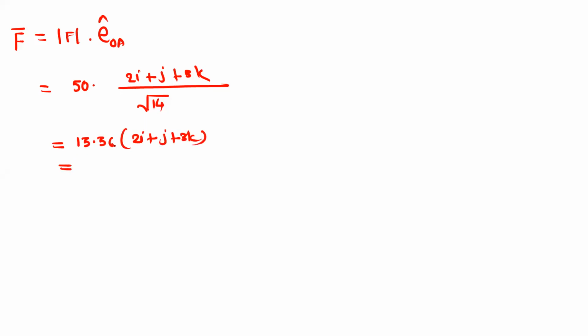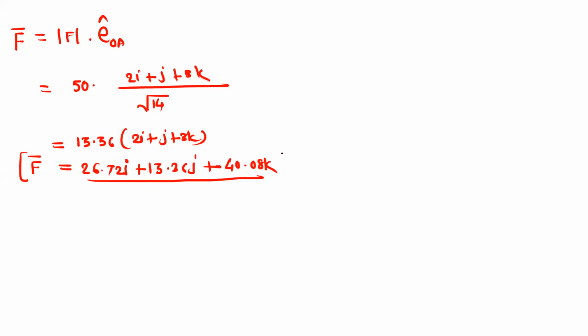So this is 13.36 into the bracket (2i plus j plus 3k). So this is your final answer. So this is the three-dimensional representation of the given force F equal to 50 Newton passing through the point A.